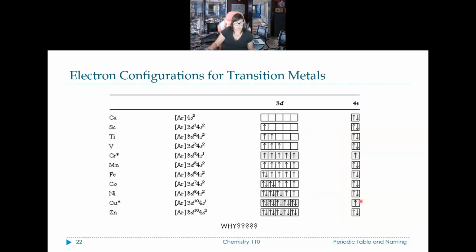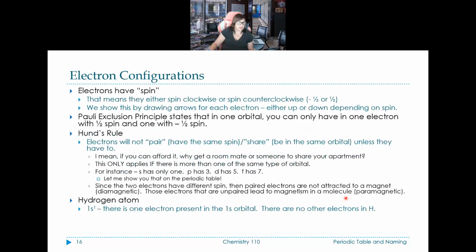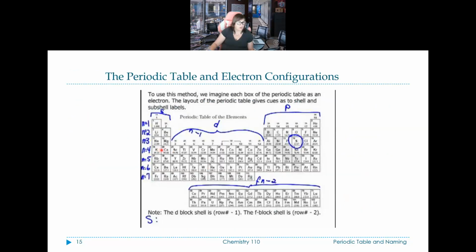Electron configurations for transition metals. We're now talking about getting into those 3Ds, right? So we've got the 3Ds. They fill after the 4s. So Ca, all right, where is my Ca again? Ca is this guy right here.